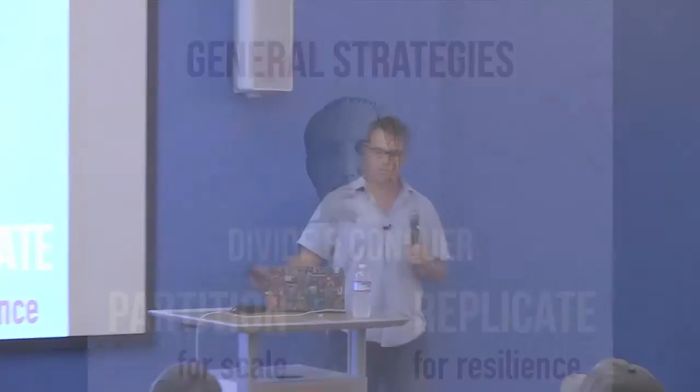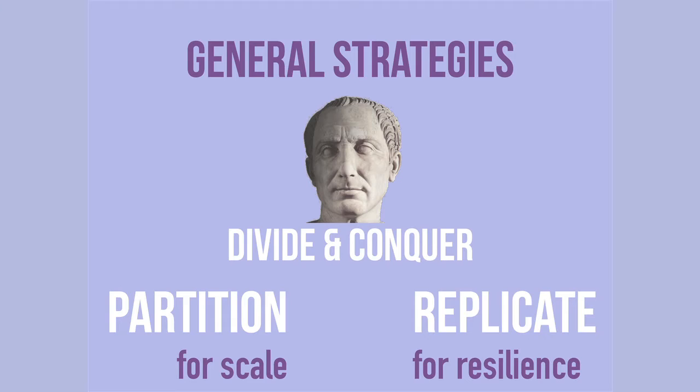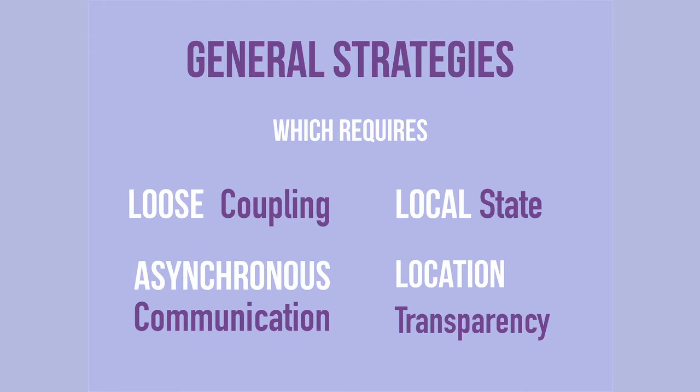Okay, general strategies. I think the one you should adopt is divide and conquer. Try to decompose the problem, partition for scale, and replicate for resilience. And other general strategies require you to have some solid principles.